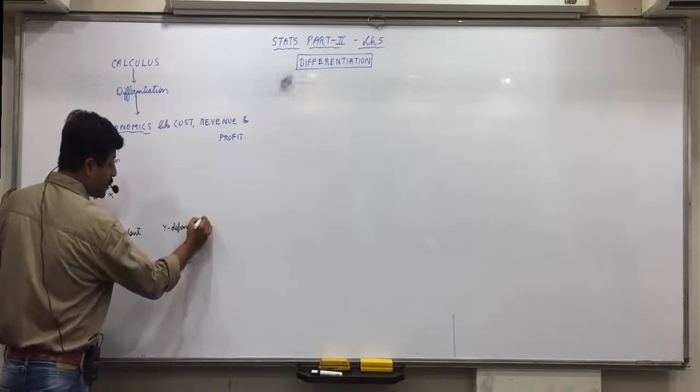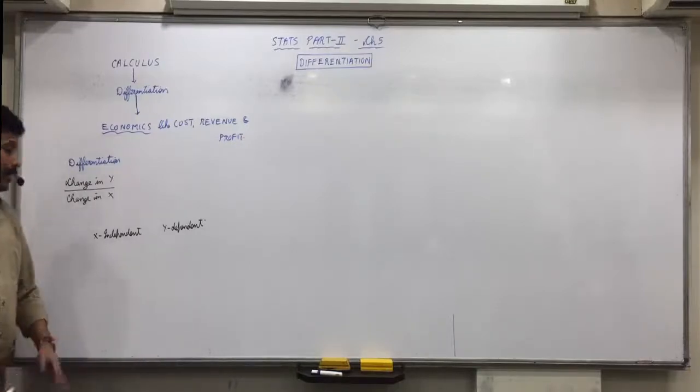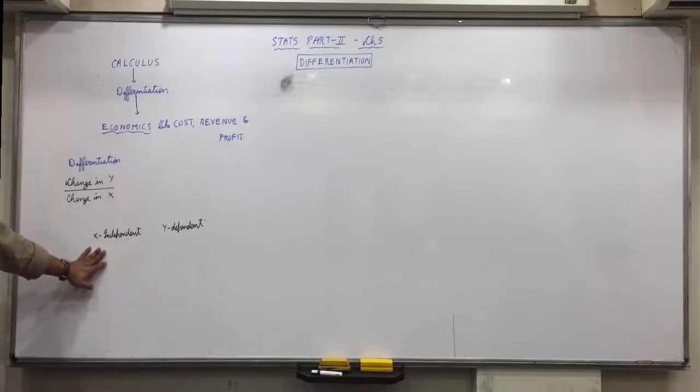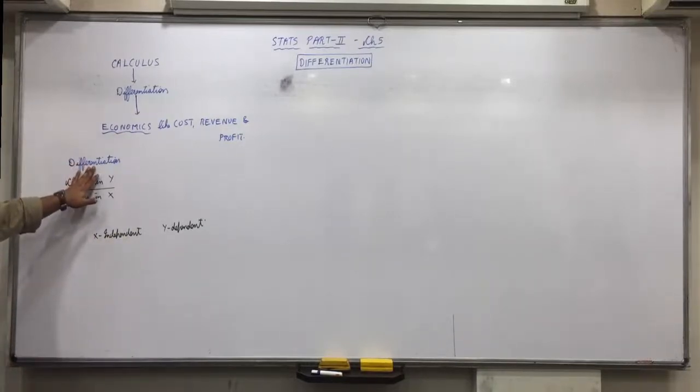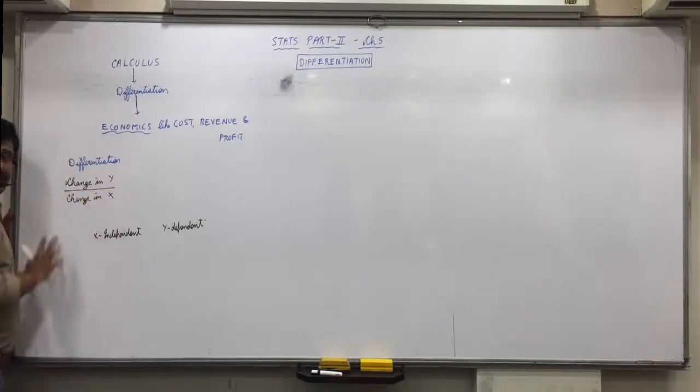This we have been studying since the first part of statistics when we started with the correlation chapter. Bivariate data, where X is always independent and Y is always dependent on X. So differentiation is used in finding out what is the change in Y due to unit change in X.